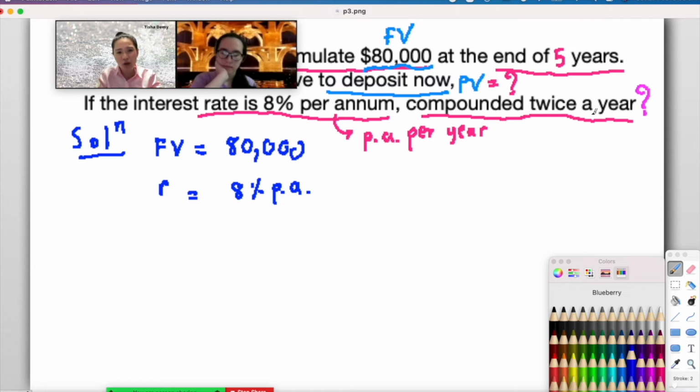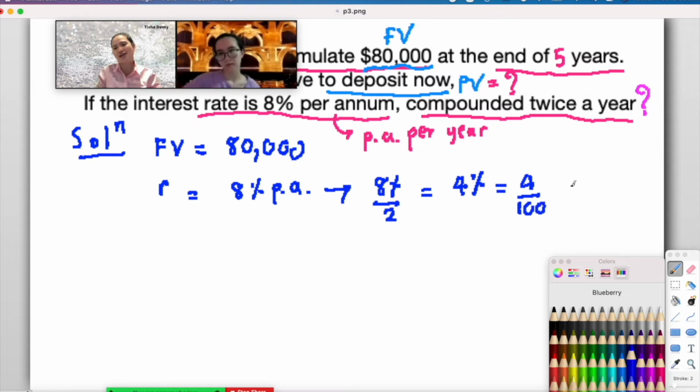But because it's compounded twice a year, I need to divide it, which means it equals 8% divided by 2, so it equals 4%, and again we need to put it in decimal, so 4% equals 4 over 100, which equals 0.04. Does it make sense?